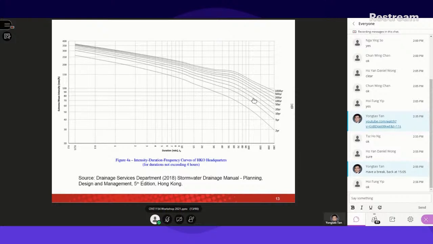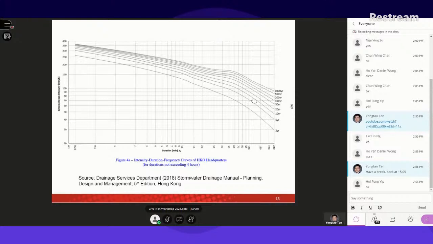That means for the flood investigation or the flood prediction, or the flood evaluations, flood flow predictions, normally we use the historic rainstorm data.